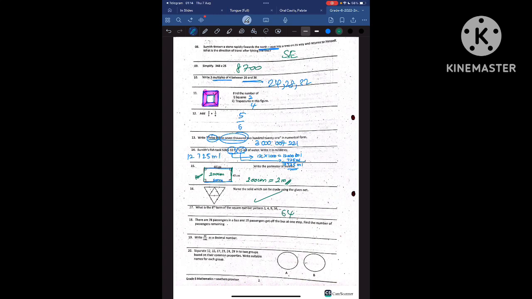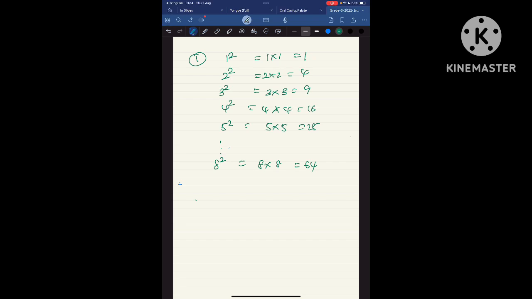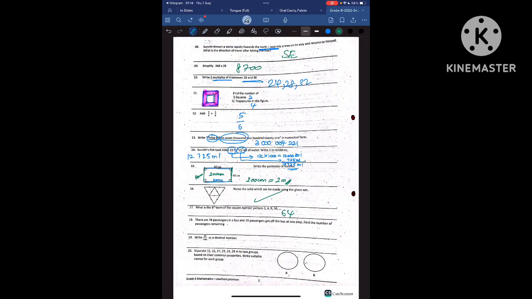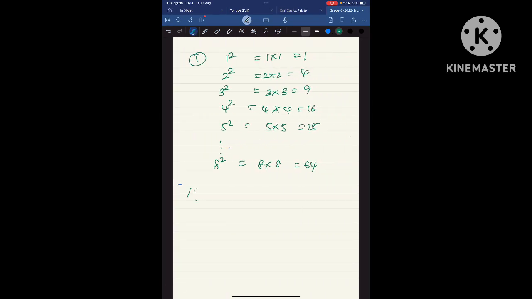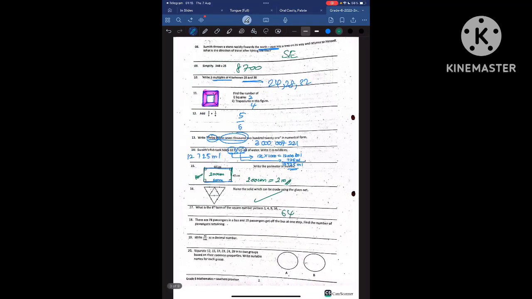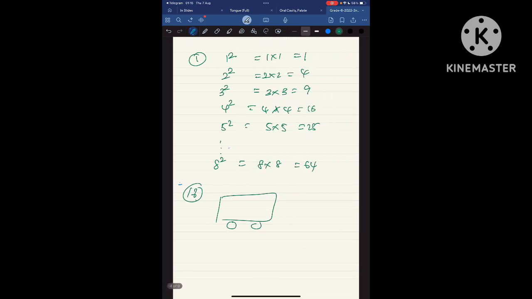Right, 64. There are 78 passengers in a bus and 19 passengers get off the bus at one stop. Write the number of passengers remaining inside the bus. Inside the bus there were 78.